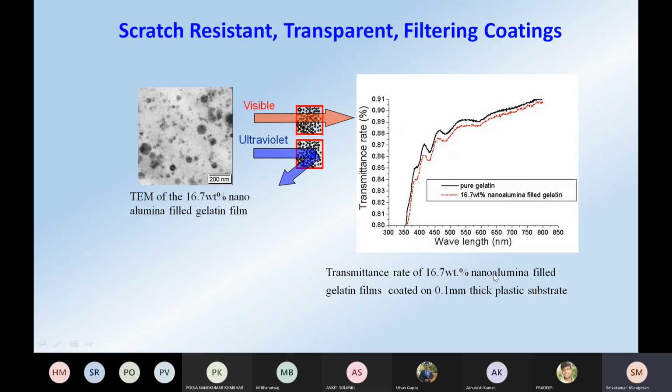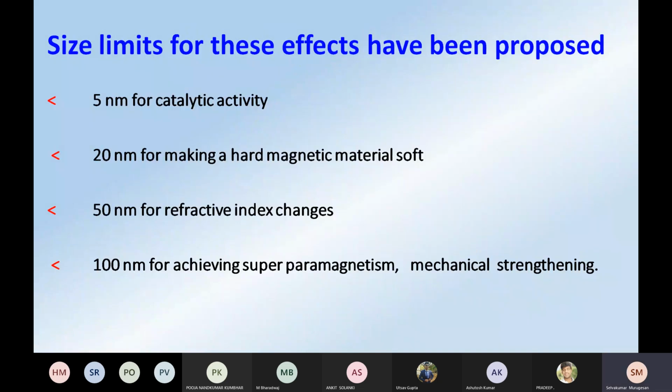That means the film is completely transparent. There is no significant difference between the pure gelatin and even the 16.78% reinforced alumina-filled gelatins. And we do have some size limits for this effect.